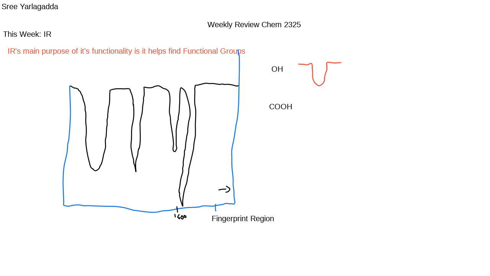But the difference between carboxylic acid and alcohol is that carboxylic acid is more wide. It's sort of like an upside down mountain, and it's kind of spiky at the bottom, okay? Sometimes people call this a beard. It looks like a beard. Or if you want, I like the upside down mountain.